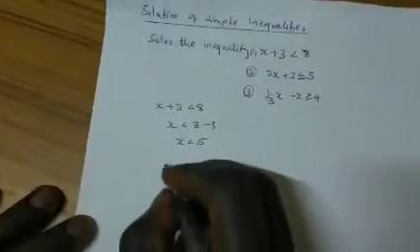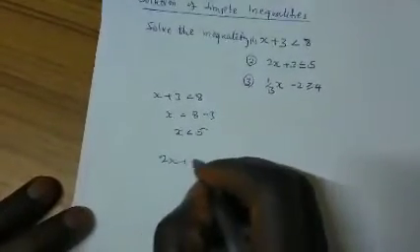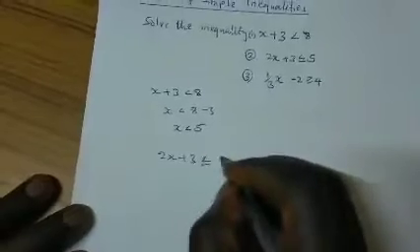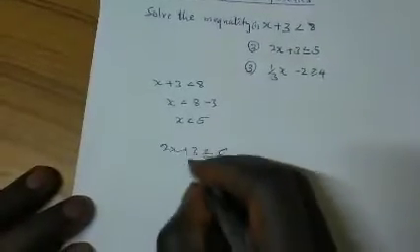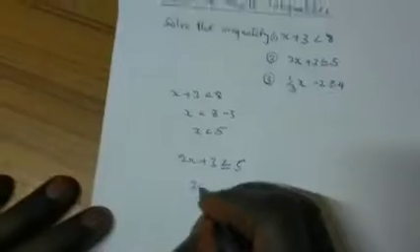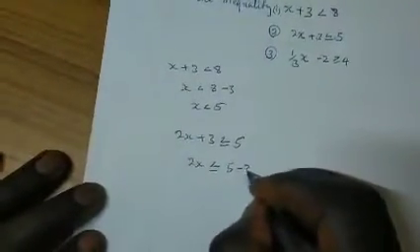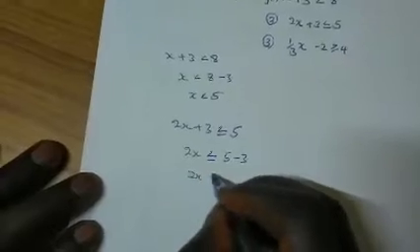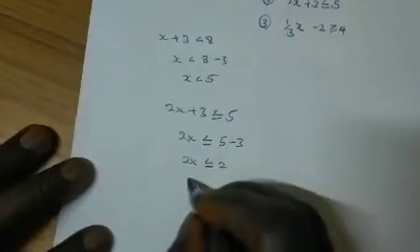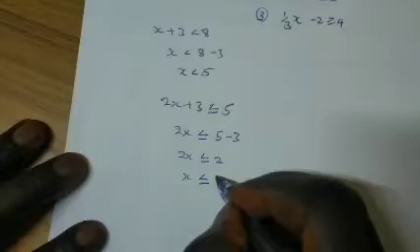In number 2, we have 2x plus 3 is less than or equal to 5. So we take 3 to the other side so that we have 2x is less than or equal to 5 minus 3, and therefore 2x is less than or equal to 2 and x will be less than or equal to 1.